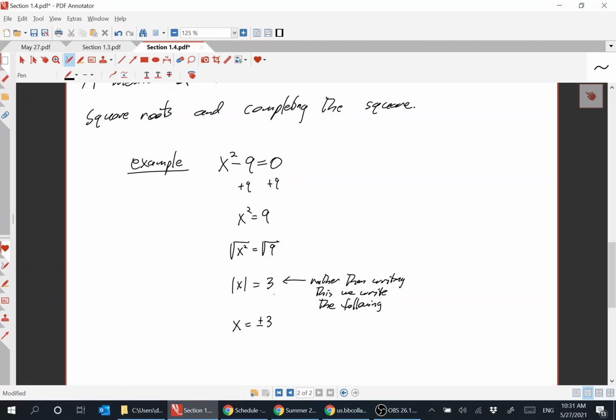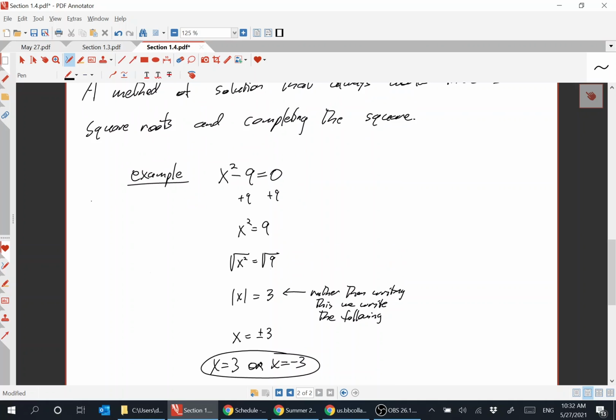So the absolute value of x is 3. That means x equals 3, or x equals negative 3. The square root of negative 3 squared, as we talked about, is the square root of 9, which is 3. So when you say x squared equals 9, the square root of x squared is equal to 3, which means x equals plus 3 or x equals minus 3. So this plus or minus means x equals 3 or x equals minus 3, and that's your solution there.